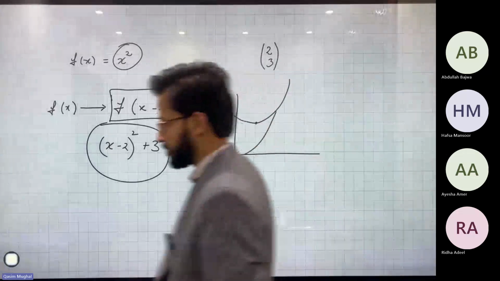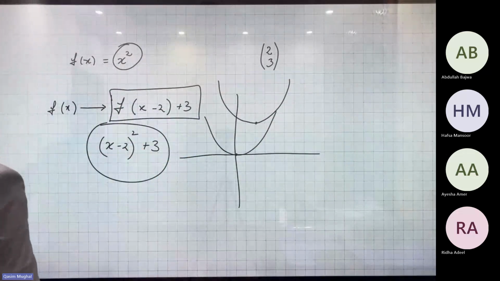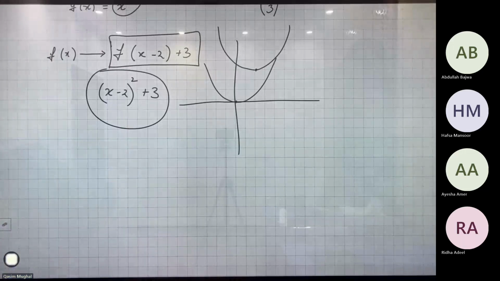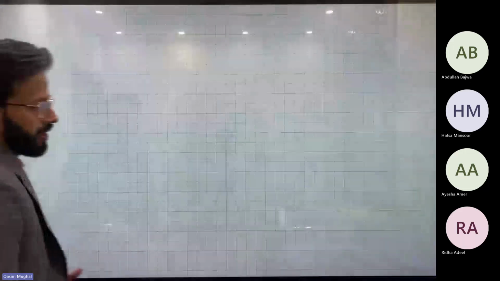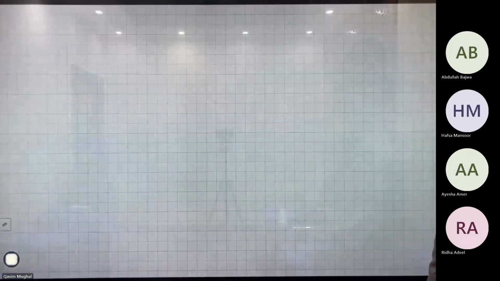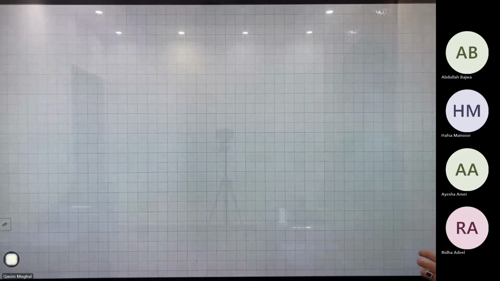Now let's proceed further today. We are done with the reflection, we are done with the translation. And in our last lesson, we combined the reflection and the translation together. Today, we are going to look into stretch.